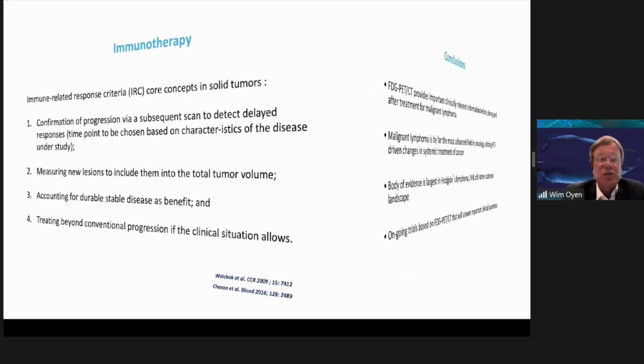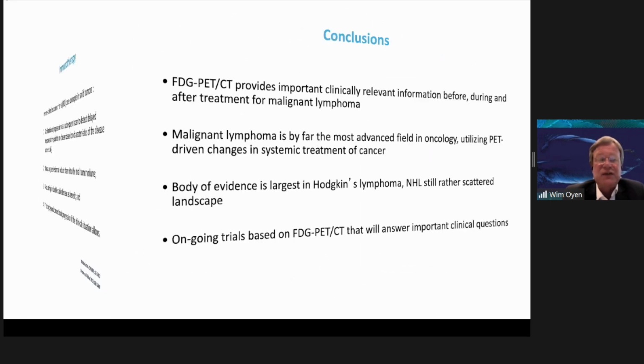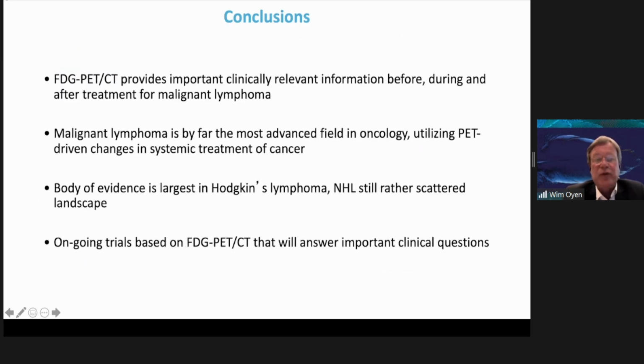So coming to my conclusions, I think it's fair to say that FDG-PET-CT provides important clinically relevant information before, during, and after treatment of malignant lymphoma. Malignant lymphoma is by far the most advanced field in oncology that utilizes PET-driven changes in systemic therapy of cancer.